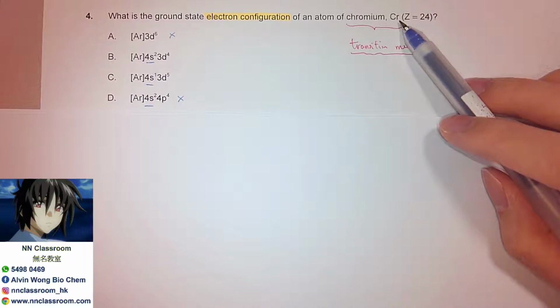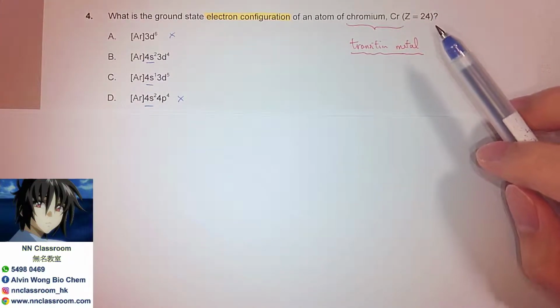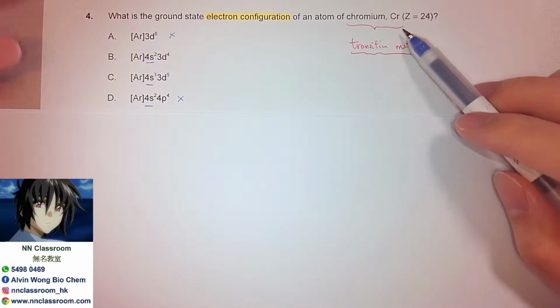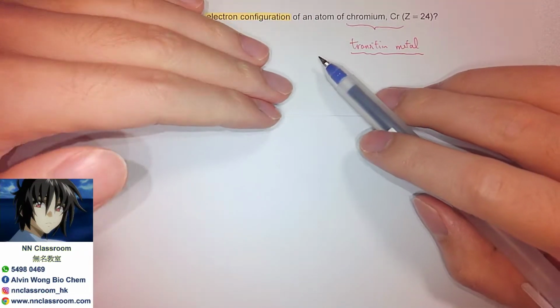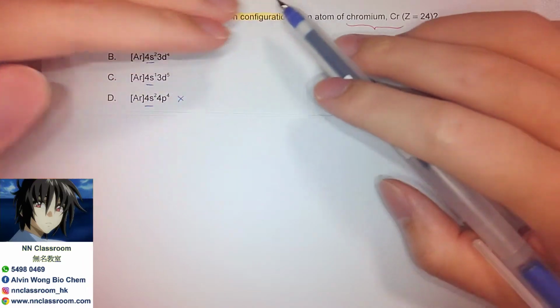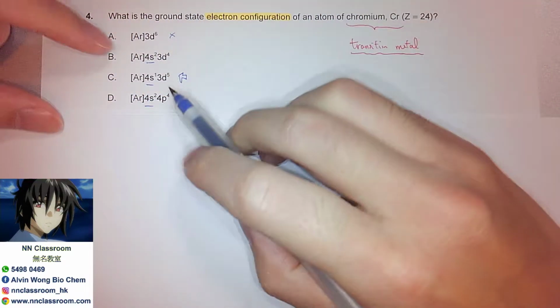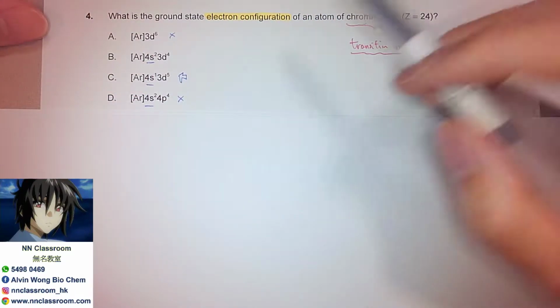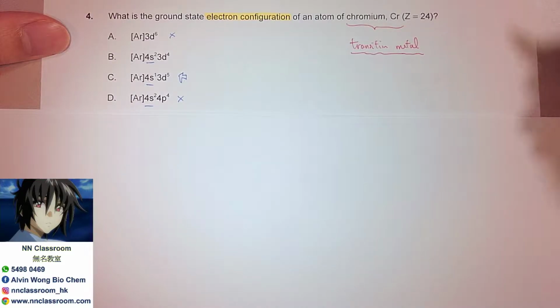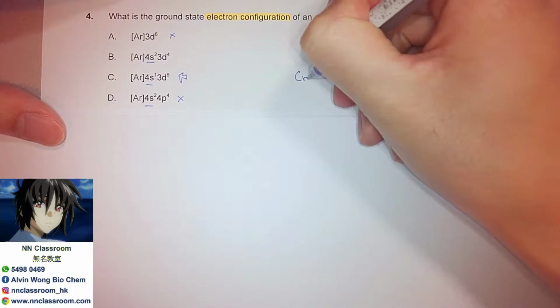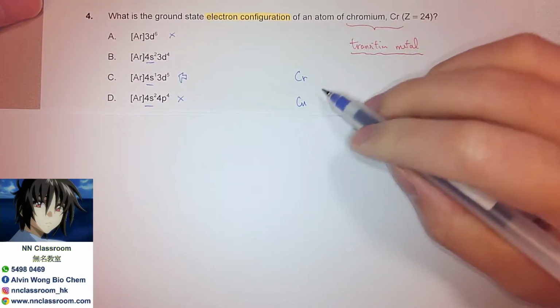Chromium and also one more member, that is copper, has a specificity. The specificity is that in the atomic state, one of the 4s electrons gets moved back to the 3d in order to fulfill the half-filled d subshell and gain extra stability. So mind you, chromium and copper are two special cases.